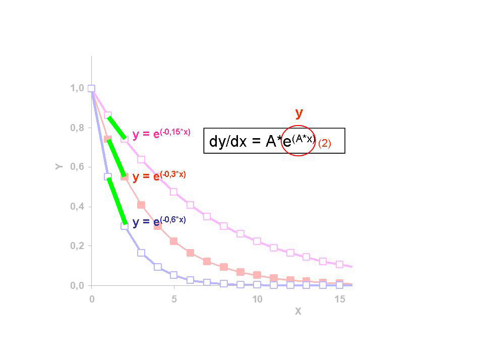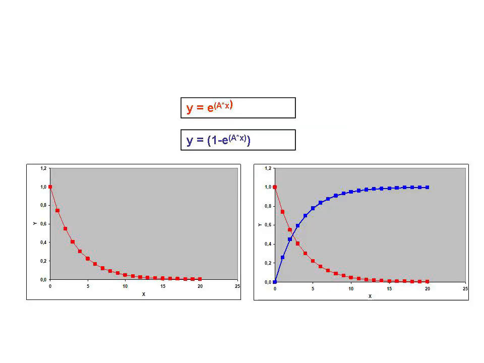So when we look at the complementary function of the exponential, which means the function 1 minus e to the a times x, if a is negative, the complementary function is not an exponential growth.